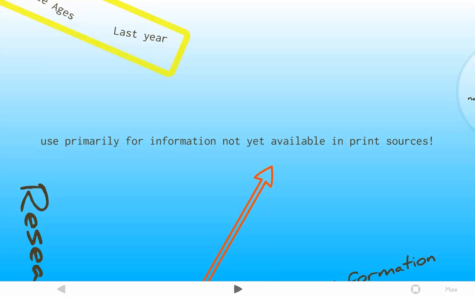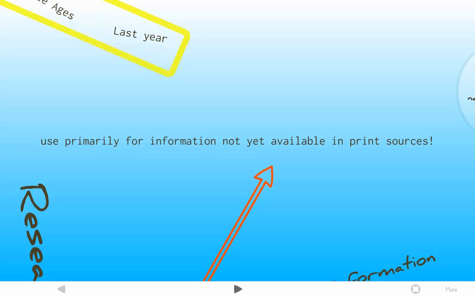So if you're finding something on the internet, but it's 3 years old, well, I would go look for an article about that. 3 years, there could be a book out there about it now. You really want to use internet sources for things that are really cutting edge, things that are just happening, that are recent. And some of that has to do with authority, and we'll talk more about that when we're talking about evaluating sources.